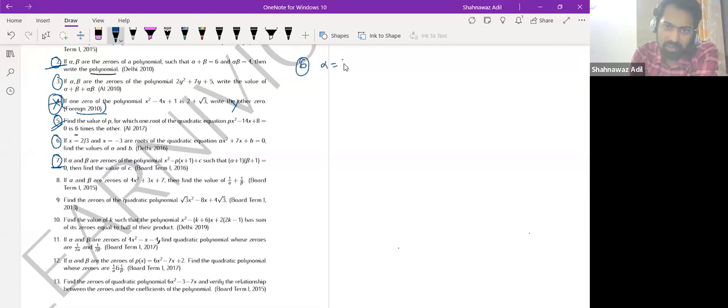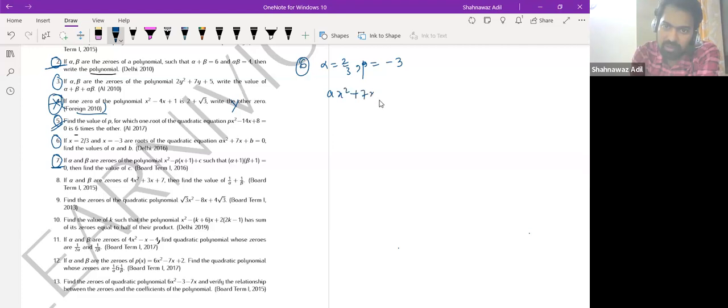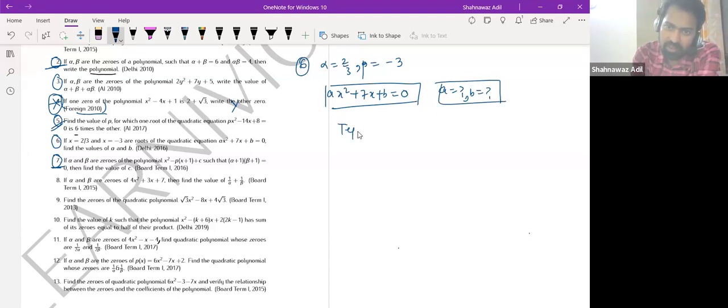So alpha is 2 by 3, beta is minus 3. And then you have to find out, so this is the quadratic equation. And then you have to find out what is A and B. So please guys calculate and tell me the answer.